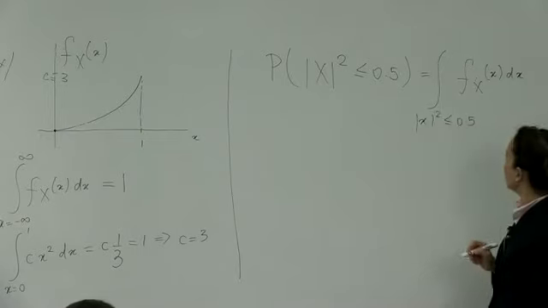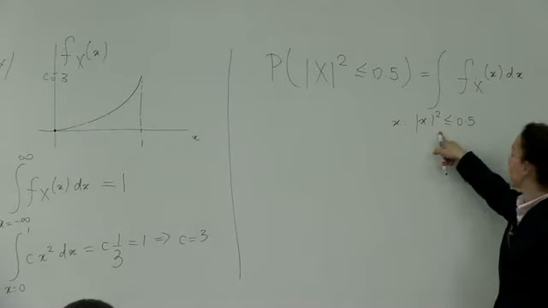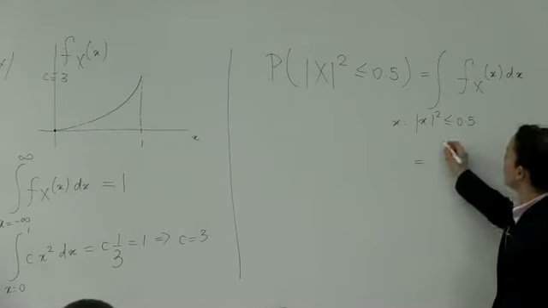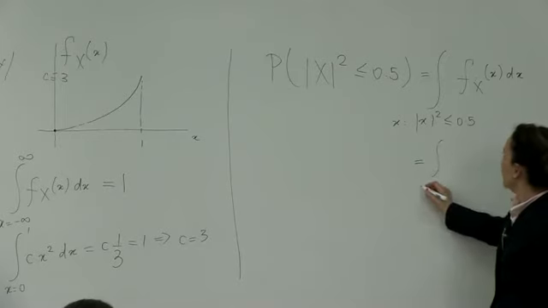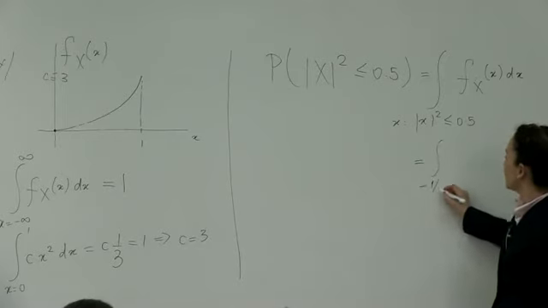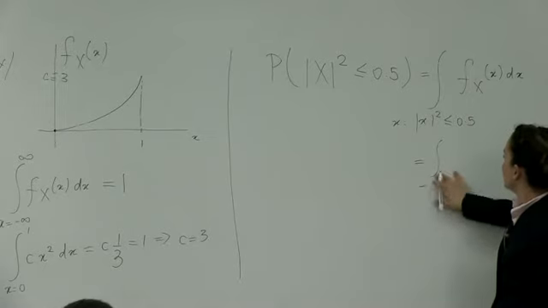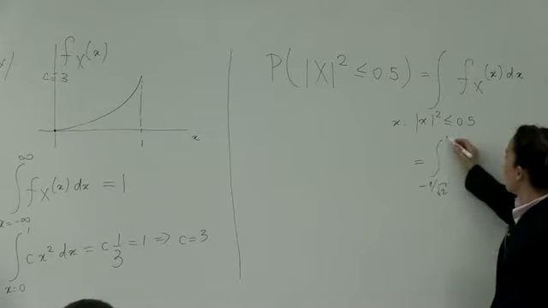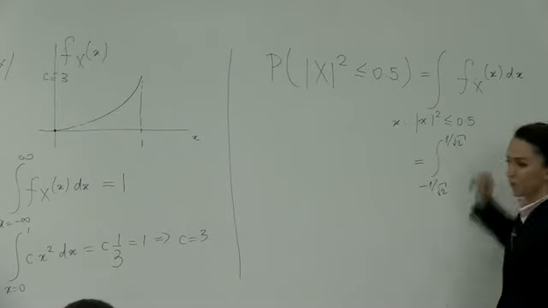What is that region? That region is negative 1 over square root of 2 to positive 1 over square root of 2, right?